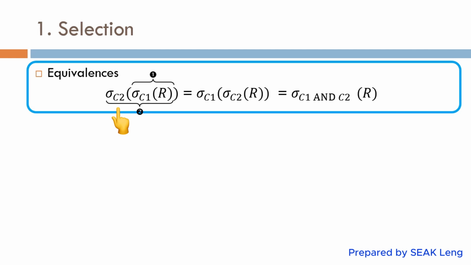For the second expression, the condition C2 will be checked first, and those tuples that satisfy C2 will be selected to check the condition C1. And in the last expression we use the conjunction and, so C1 and C2 must both be satisfied to be selected.